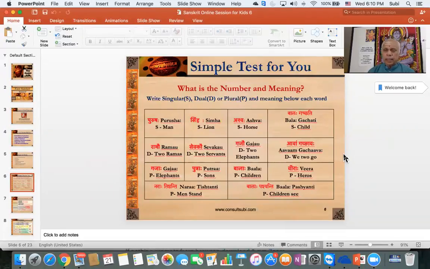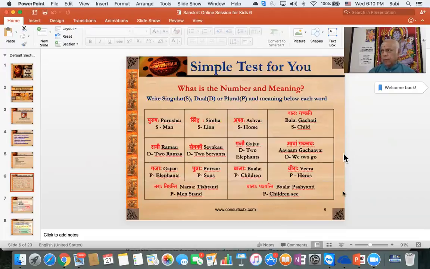Putraha, the extension Putraha means sons. Balaha, Viraha, all these are plural. And the final last row is also plural. Naraha, Tishtanti, men stand. Balaha, Pasyanti, children see. So that's all plural. Okay.